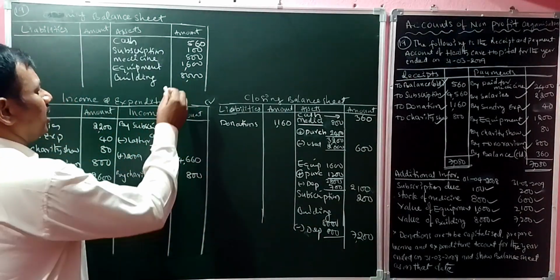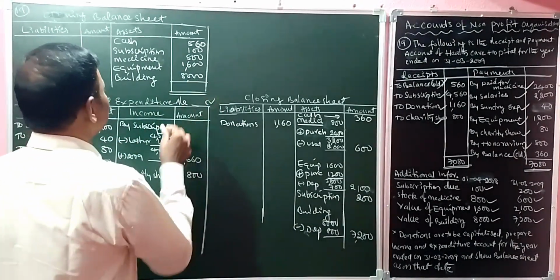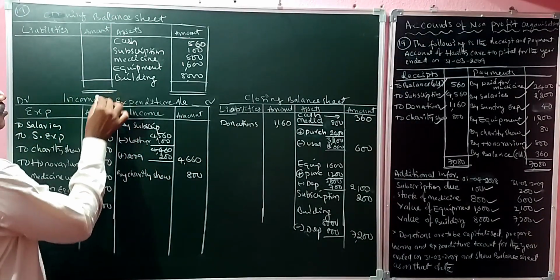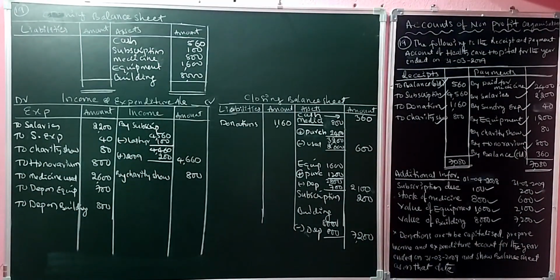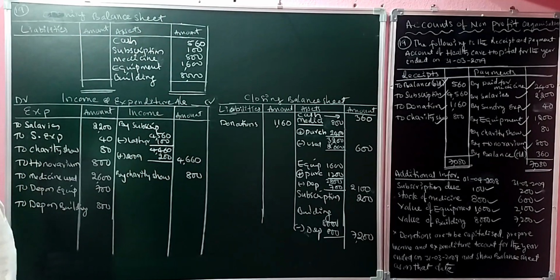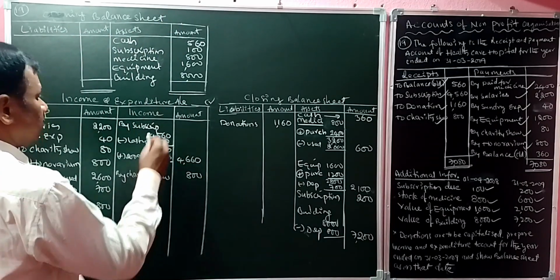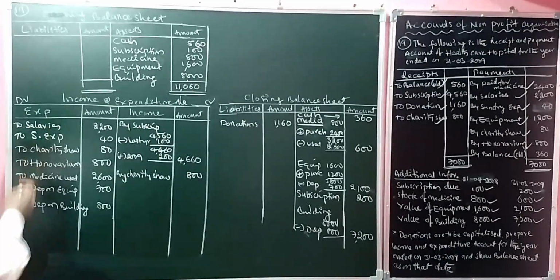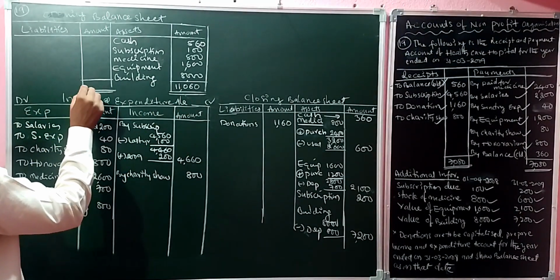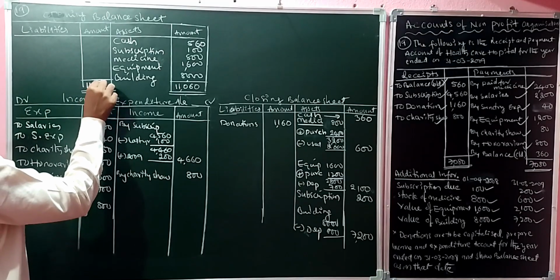So let us see the balance of opening balance sheet. How much is that? So opening balance sheet asset side total is 11,060. Same value debit side, same value liability side, 11,060.